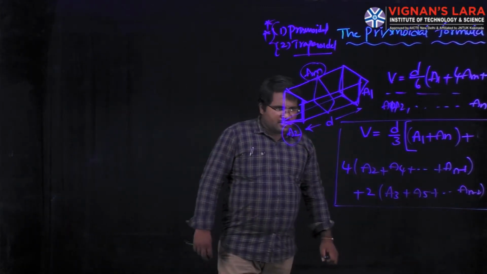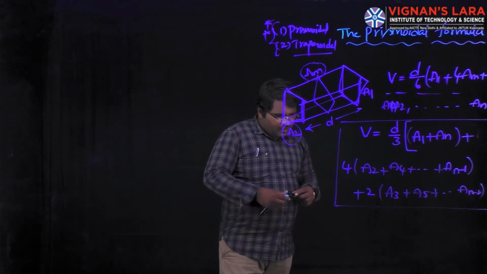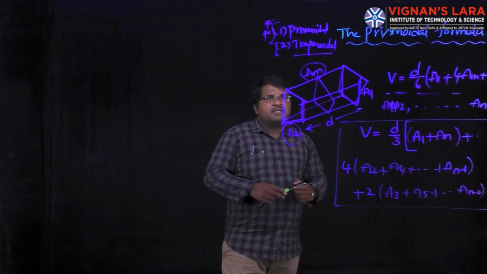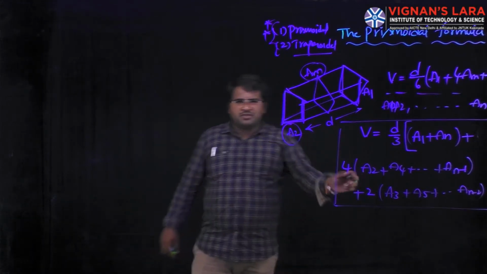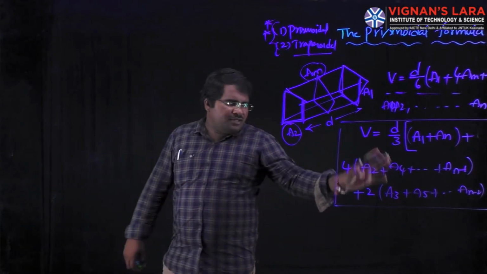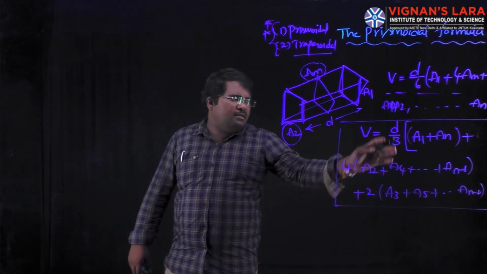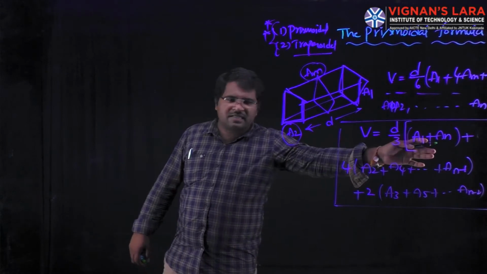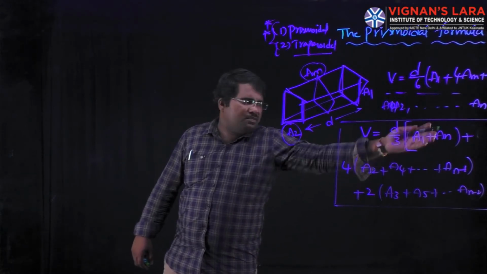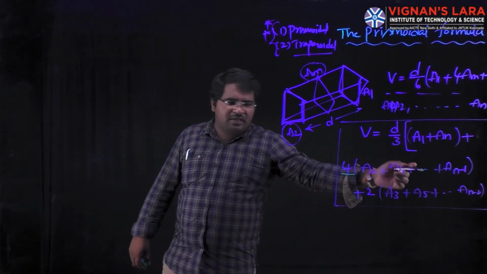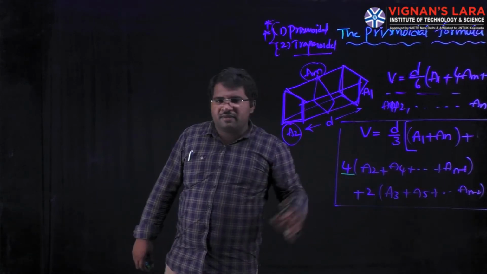Similarly, we also have the trapezoidal formula. You do not need to derive these formulas, just remember them. The prismoidal formula is d/3 into the first plus last areas, plus 4 times the even and 2 times the odd areas.